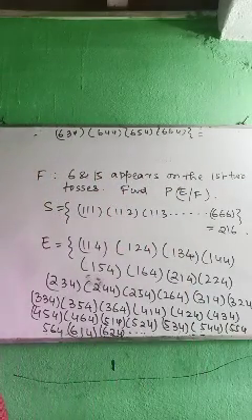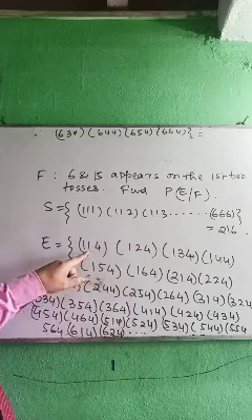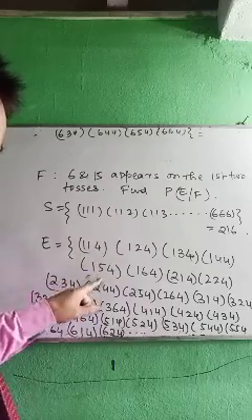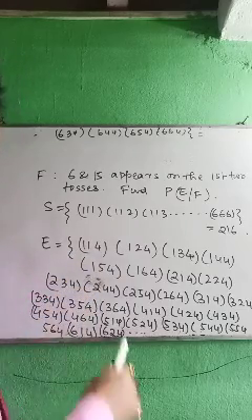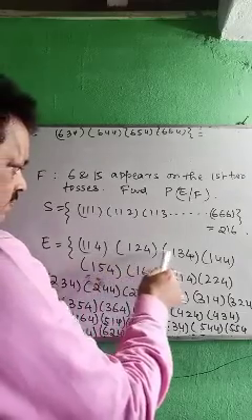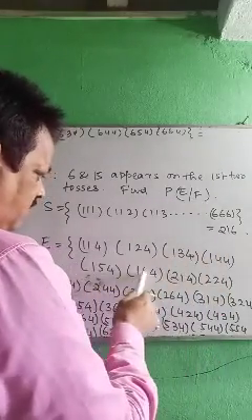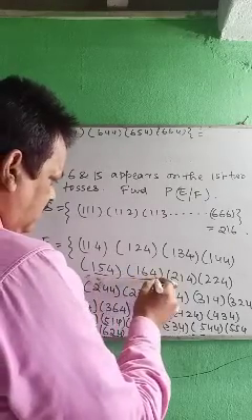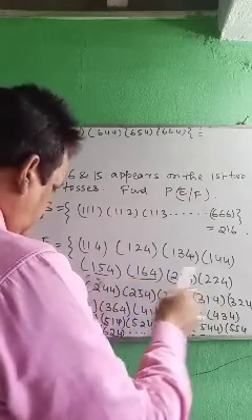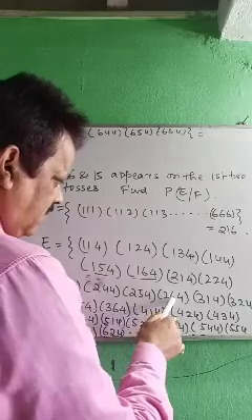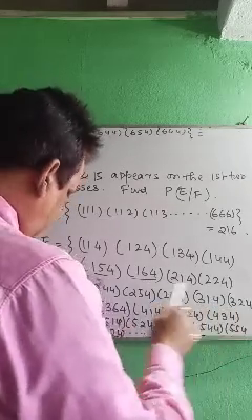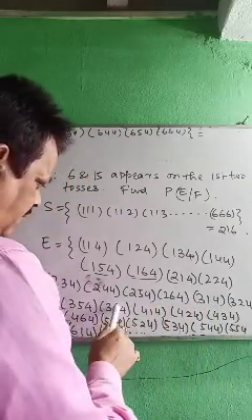I hope we have not missed anything. It should be 36 actually. 1 1 4, 1 2 4, 1 3 4, 1 4 4, 1 5 4, 1 6 4. So like this it is 6.